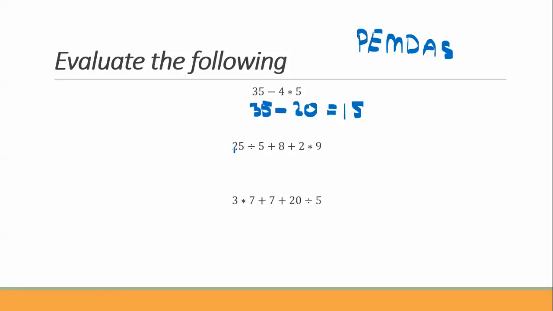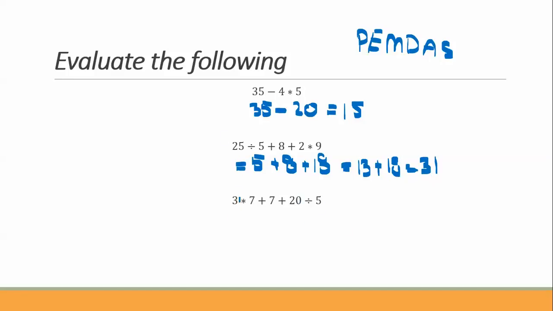Multiplication and division first, so 25 divided by 5 is 5, plus 8, plus 2 times 9 is 18. So then we can add everything up. So we have 5 plus 8 is 13, plus 18, so that is 31.